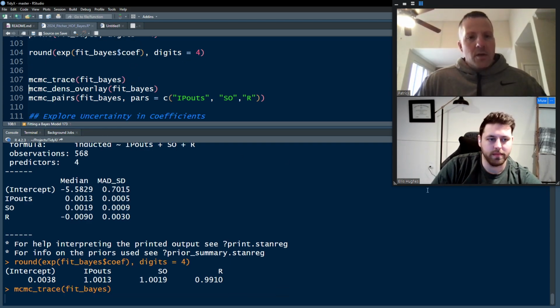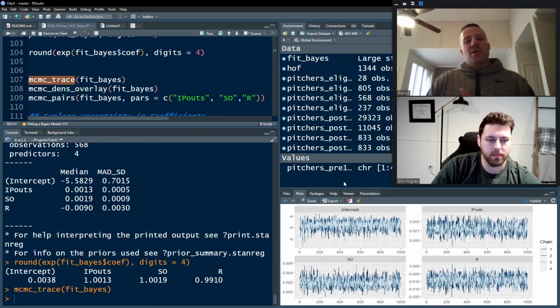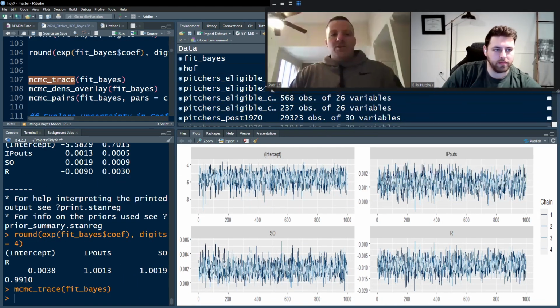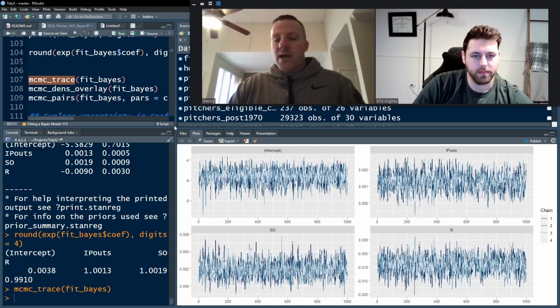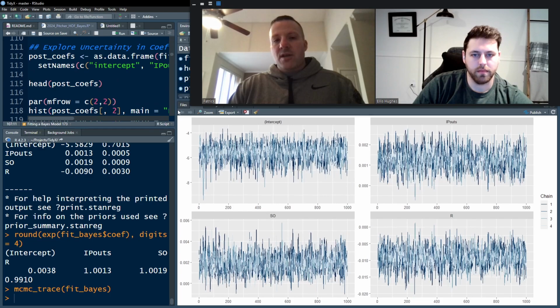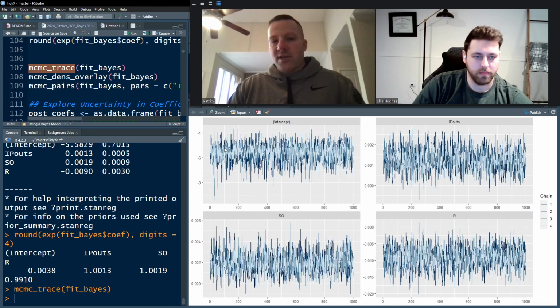Plotting, we can do a little bit of plotting to help us interpret what happened with the model. The first is we're plotting the actual 4 traces. Each of these 4 traces had 1,000 iterations. And so these are the fuzzy caterpillar plots.